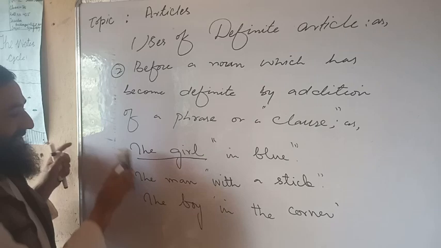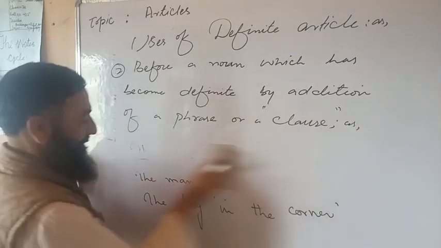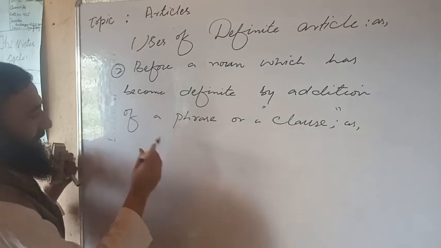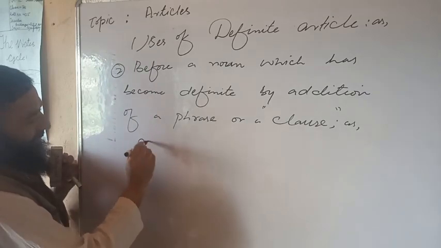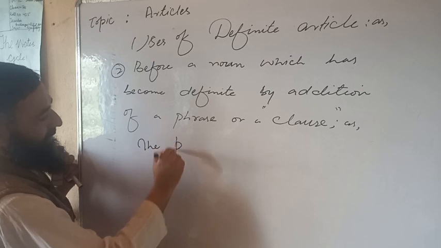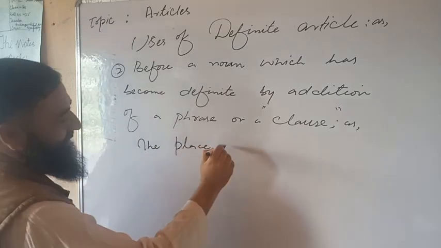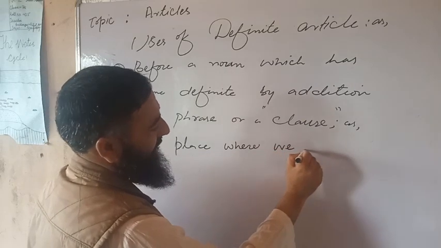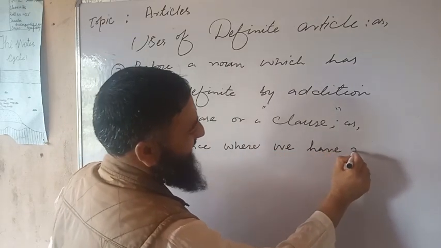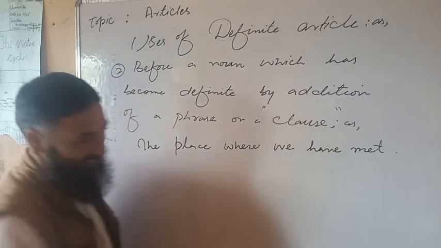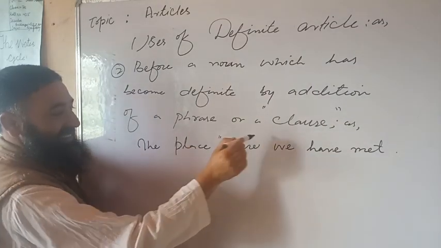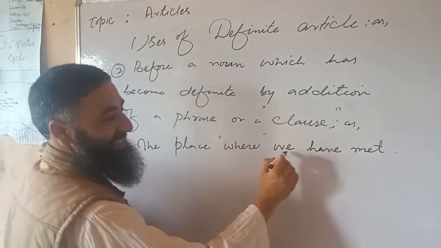Now we will see the clause. You are right, it was a phrase. Now we will see the clause. See, the place where we have met. Where we - this is the subject, and this is its predicate.